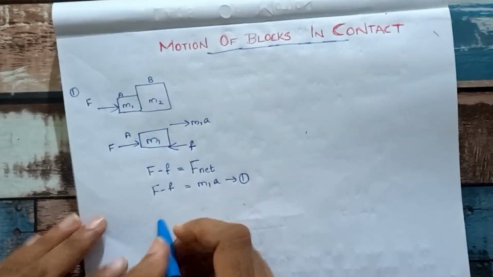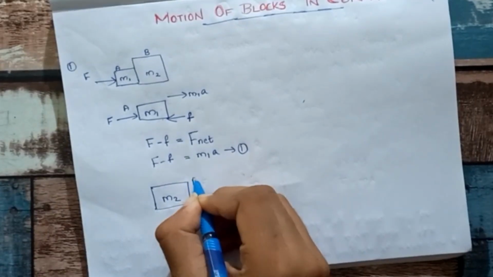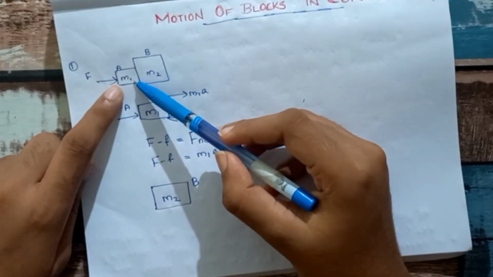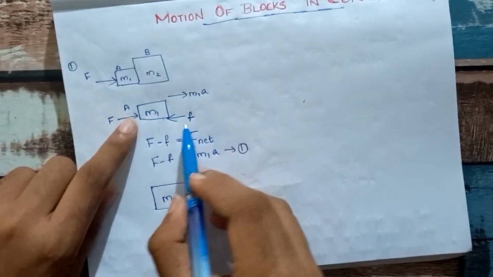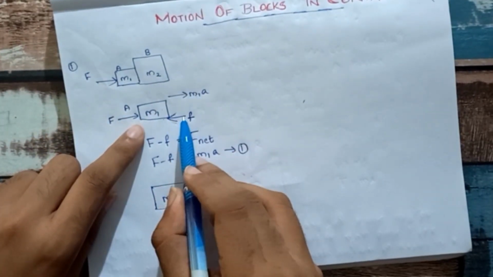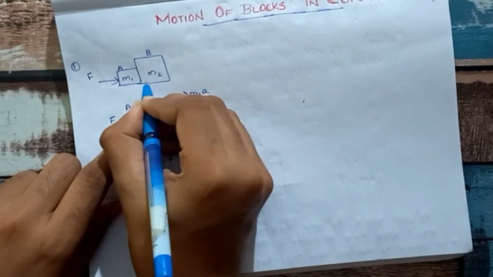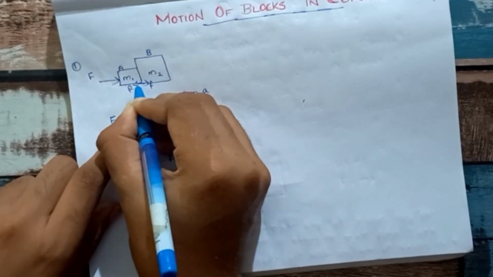Let's take the second body, M2, which is the body B. Since the force F is being applied upon body A, it is not imposed on this body B. That is, see, we have imposed a frictional force opposite the direction of M1. Similarly, the same force will be imposed at M2 also.